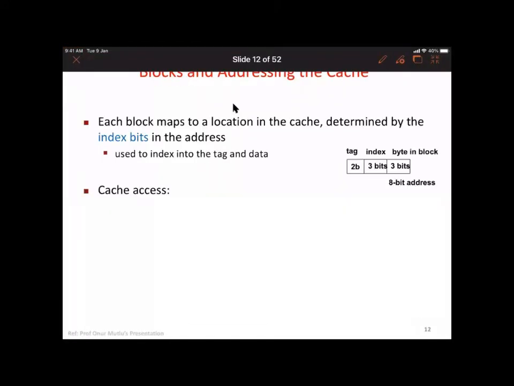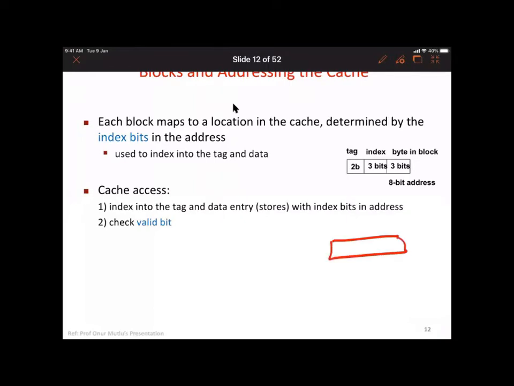Okay, so it gets this address from the CPU. It looks at the index bits, goes to the cache and to the appropriate block, because the index gives a block number.